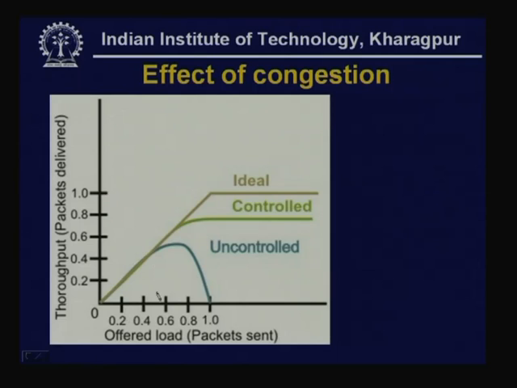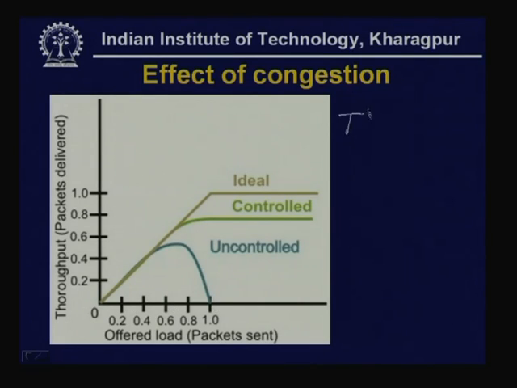So it rises linearly, but when it crosses the 0.6 to 0.8 mark, there is delay, and that delay leads to retransmissions, and as a result the throughput decreases. The rate of increase decreases initially, then it suddenly drops, the throughput drops although the offered load increases, and at a certain point it becomes 0.